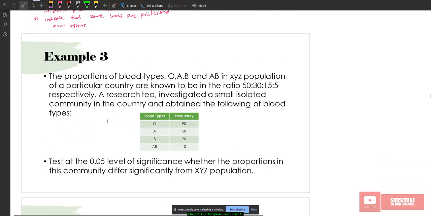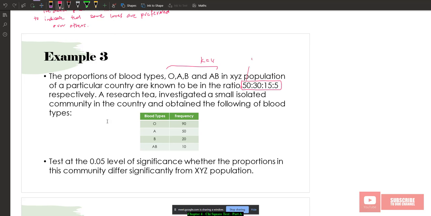So let's go through it roughly. I'm not going to do it, I just show you. So the proportion of blood types A, B, O and AB, we have 4 blood types, right? K equal to 4. Of a particular country are known to be in the ratio 50, 30, 15 and 5. Now this is a bit different because the probability for each blood type is different.